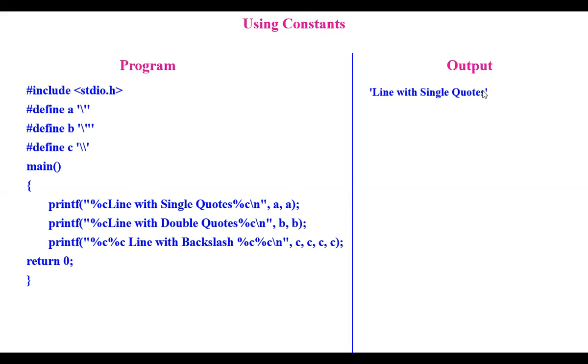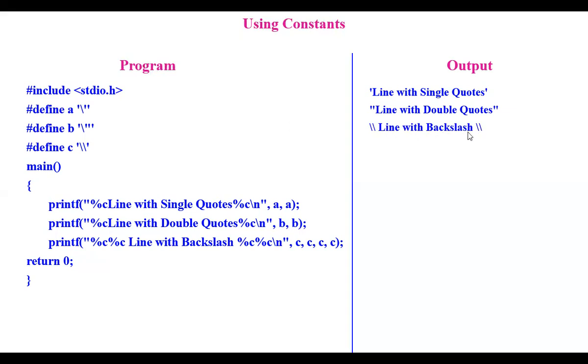You see, A and A, single quotes are displayed. Next one, double quotes, B and B. Double quotes have come here, 2 double quotes. Similarly, 2 backslashes should come here and 2 backslashes should come here.